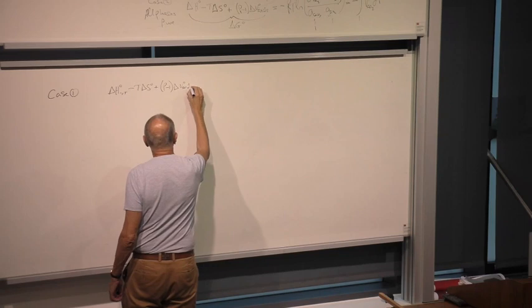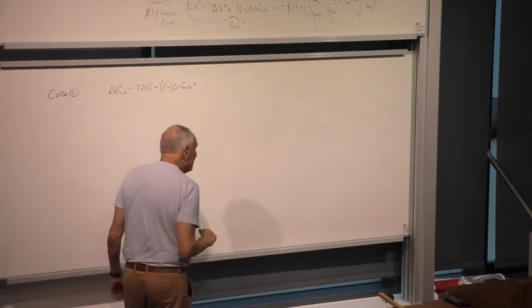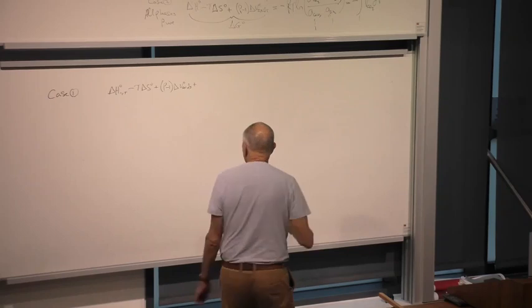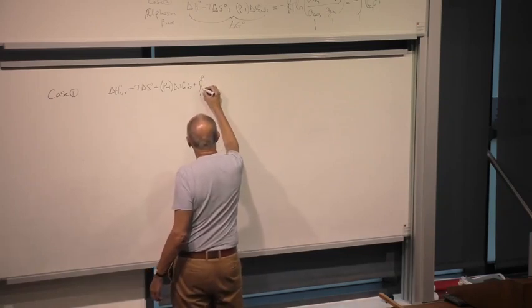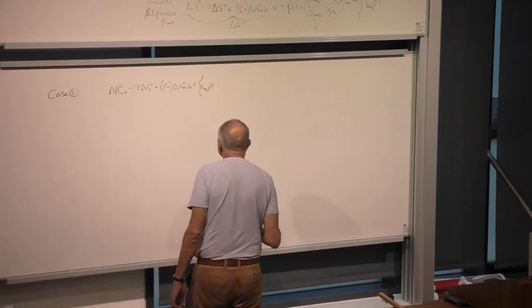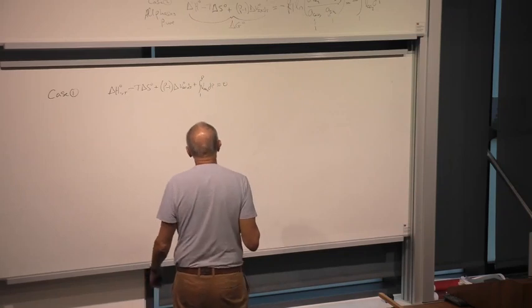We separated the volume of the gas from the volume of the solids, plus the integral from 1 to P of V CO2 dP, and that's 0 if all phases are pure.